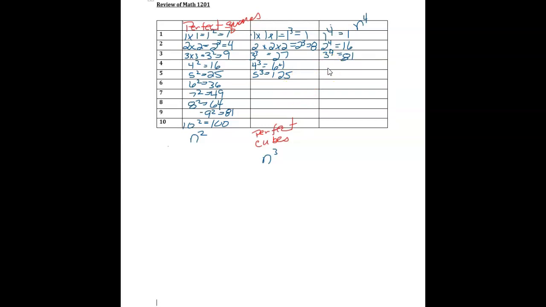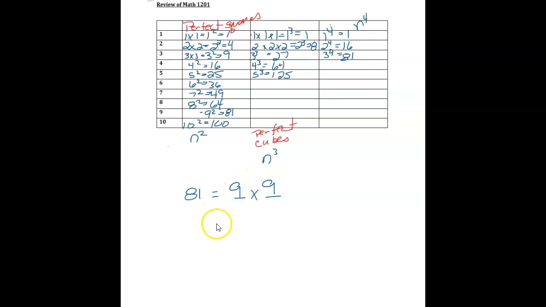Where we look next is how would you reverse that? How do you go backwards? And to go backwards is what this chapter is about. So if I had 81, and I want to know what number multiplied to itself twice gave me 81. Well, we could go down through our list of perfect squares and say, okay, that was 9 squared, 9 times 9.